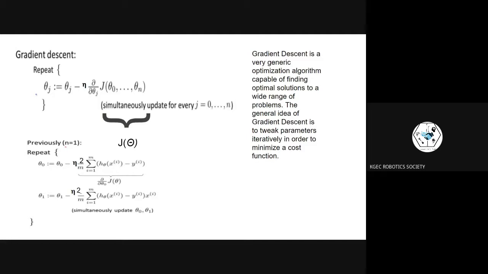The general idea of gradient descent is to tweak parameters iteratively in order to minimize a cost function. On the left side, I have provided the algorithm, the expression of this algorithm. You can skim through this.